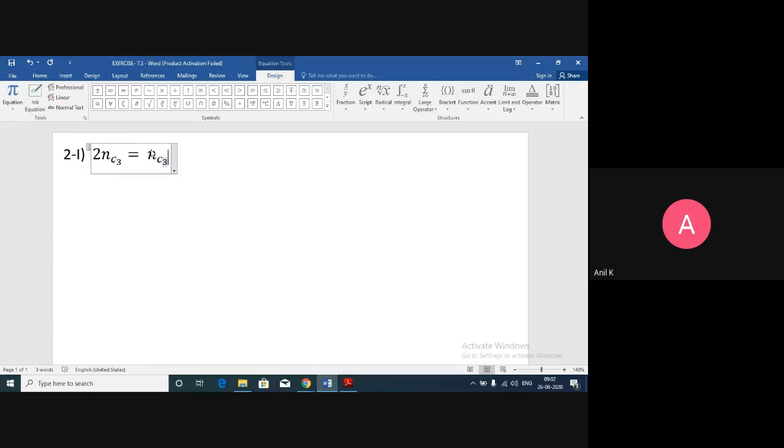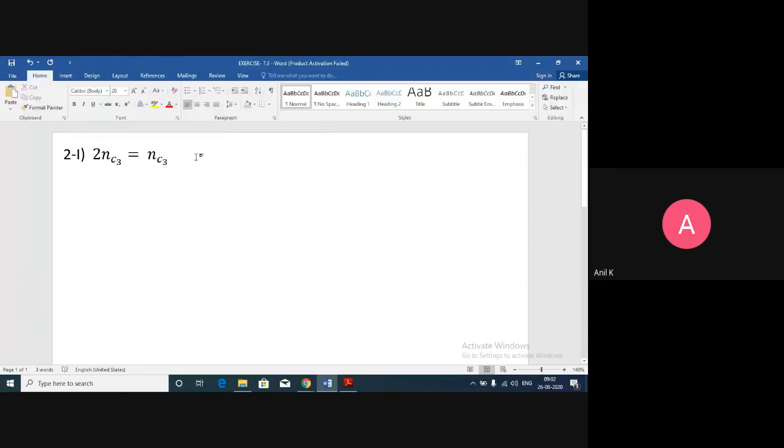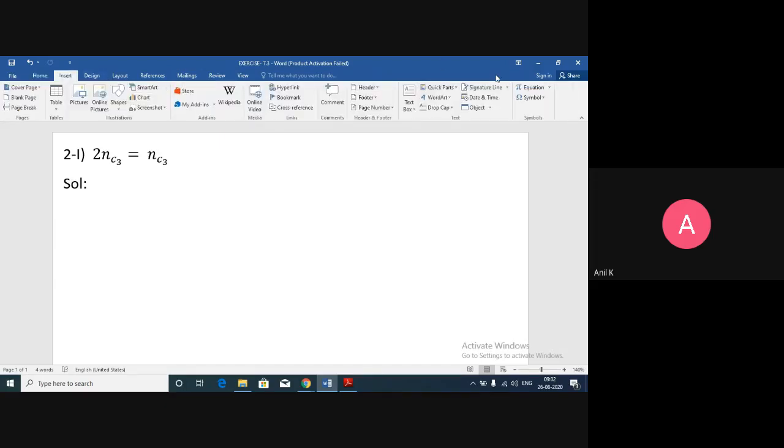So then what is the value of n? Any guess, any suggestions, how can we solve it? So as usual, we'll apply the formula of nCr.